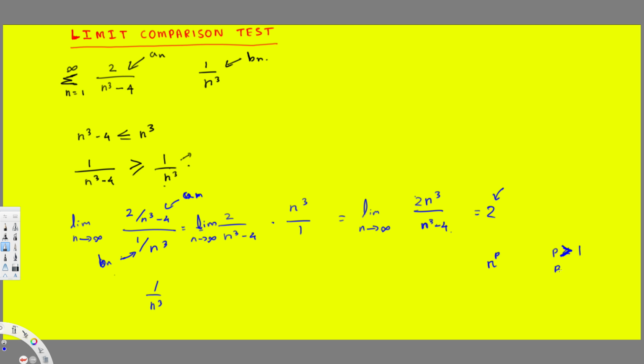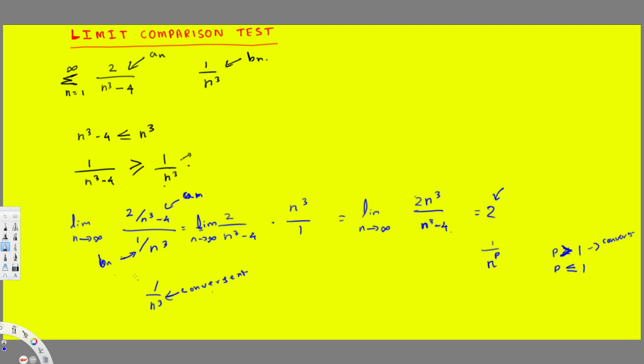If p is less than or equal to 1, it diverges. So this is convergent. That's a general rule. Therefore this one, we know this is convergent.